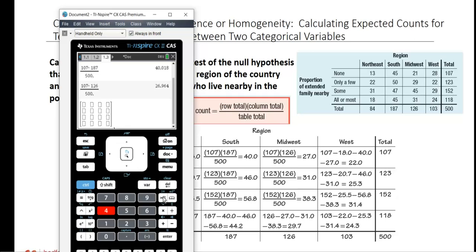Okay, so we're going to type in the actual numbers, the observed counts here. So 13, 45, oops, sorry, 45, 21, 28, 22, 50, 29, 22, 31, 55, 18, 45.